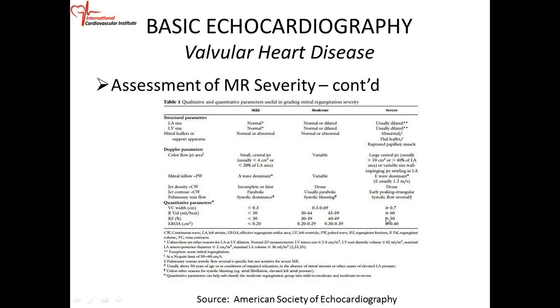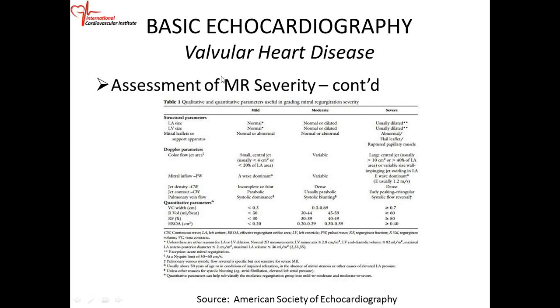Regurgitant fraction, greater than 50%. So if you have more than 50% of the blood going backwards, I mean, that sounds severe to me. And less than 30% is mild. The EROA, effective regurgitant orifice area, greater than 0.4 centimeters squared suggests severe MR. Less than 0.2 centimeters squared suggests mild.